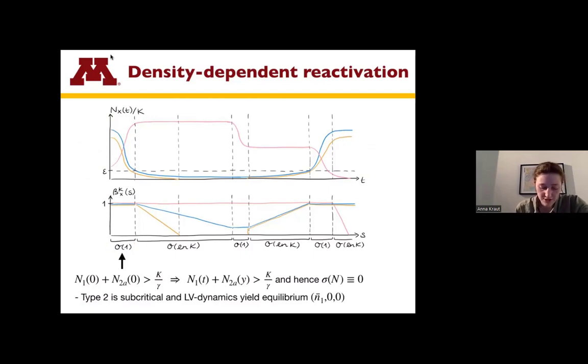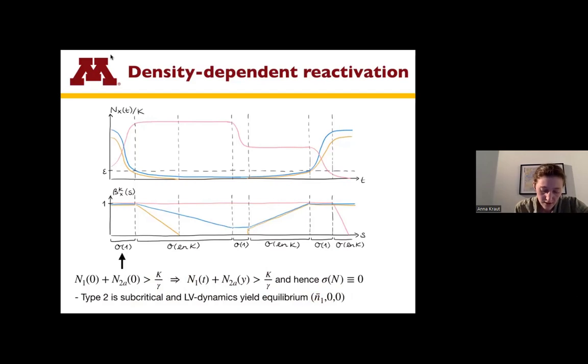So in the initial phase, if all populations have a substantial size of order K, as mentioned, if we start out above this critical threshold for suppressing reactivation, one can actually show that we will stay above this threshold, and hence we're essentially looking at a 2-type Lotka-Volterra system, and type 2 is the subcritical type in this case, and the Lotka-Volterra system will just yield the equilibrium of type 1 being at its monomorphic equilibrium and type 2 dying out.